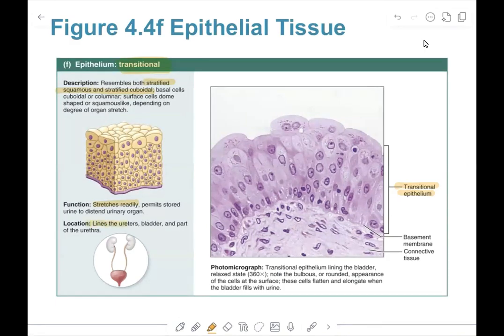So it lines the ureters, bladder, and part of the urethra. It also has the special function of excretion, because obviously urine is going to be excreted from the urinary bladder into the urethra. So you have six total types of epithelium, four that are only one layer thick and two that are multiple layers thick.